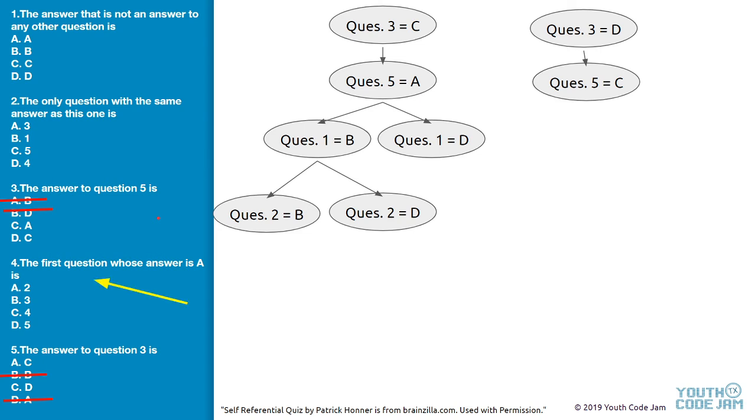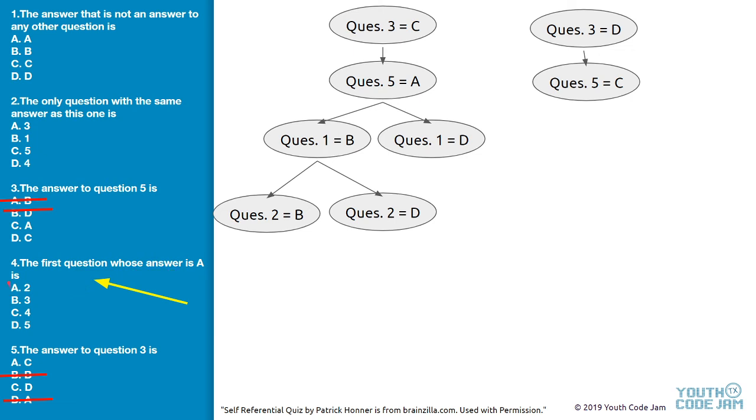Now let's look at this next question. The first question whose answer is A. Well, based on this side of the tree that we're going to work off of right now, we'll ignore this one and come back to it. The only question whose answer is A, so far that I see, is number 5. So either the answer could be D, number 5, or what if this is the first question whose answer is A?